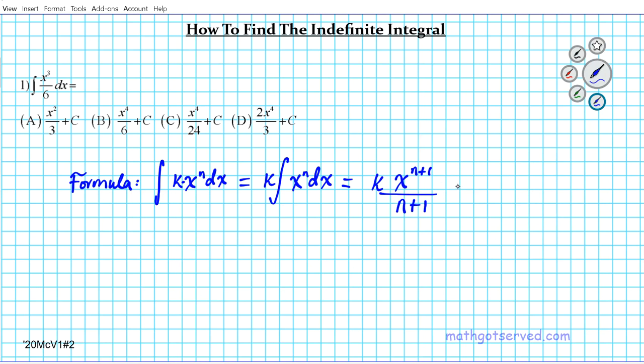Since this is an indefinite integral, don't forget to add the c component right there. Alrighty? Okay. And this is known as the power rule with a constant multiple. So power rule with a constant multiple.